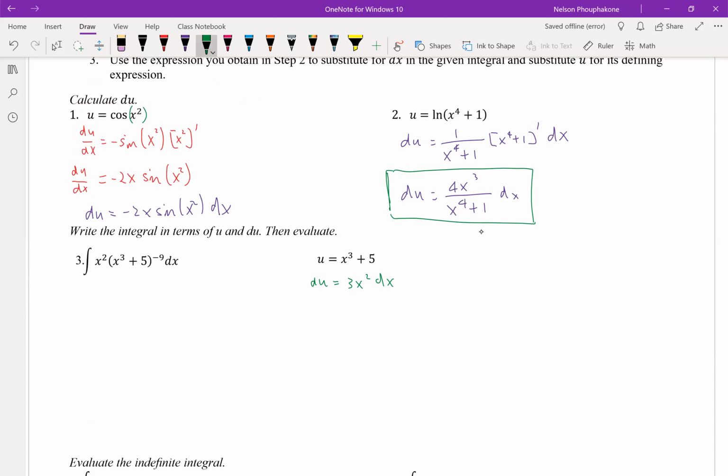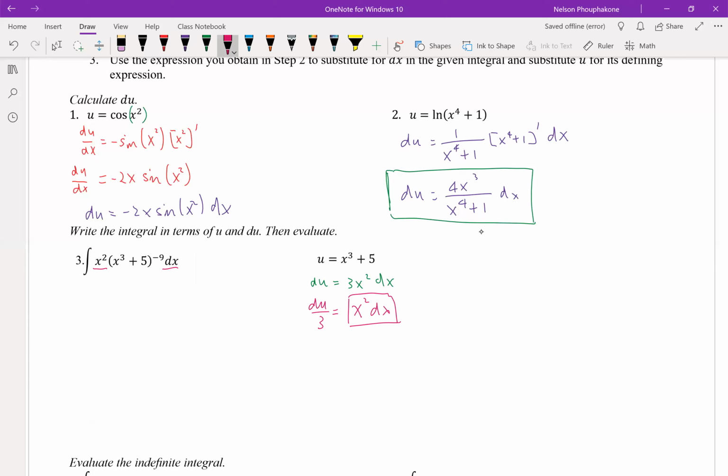Now, what we are going to do here is look at x squared dx. So how about if I have x squared dx is equal to du over 3? Then I'm going to replace the x squared times dx with du over 3.